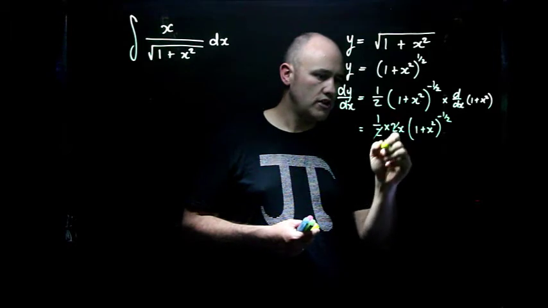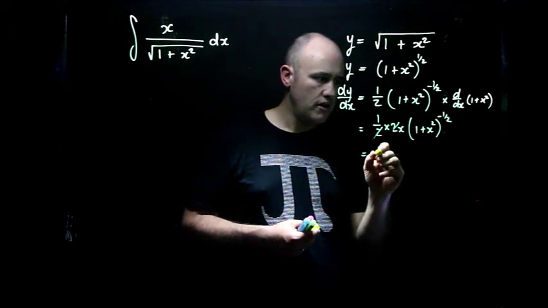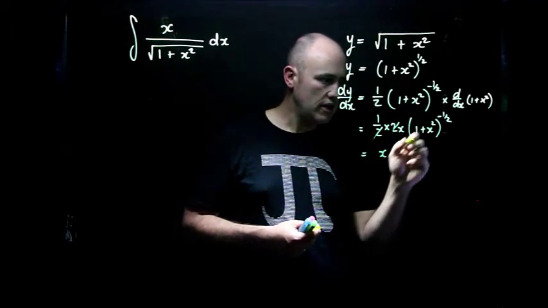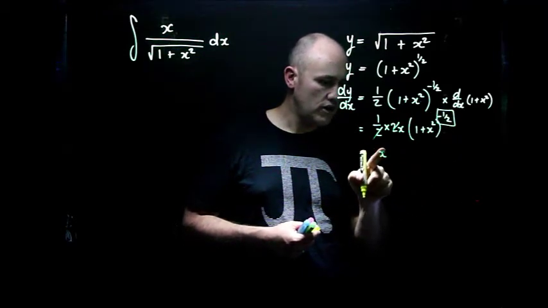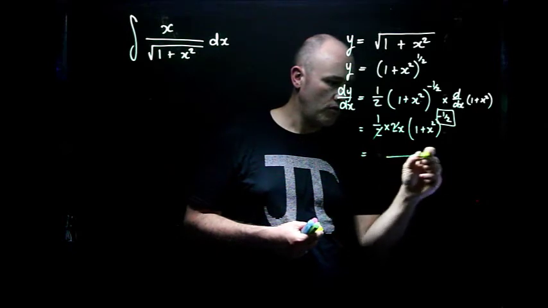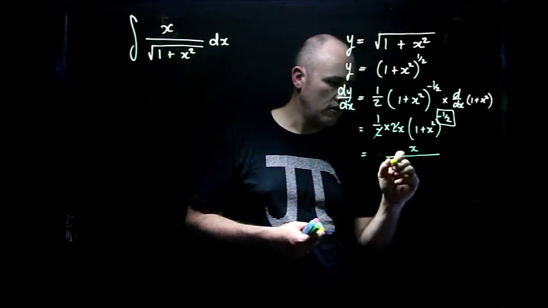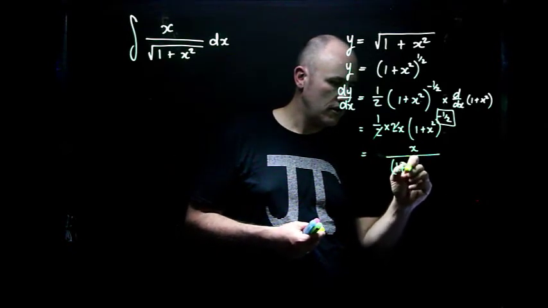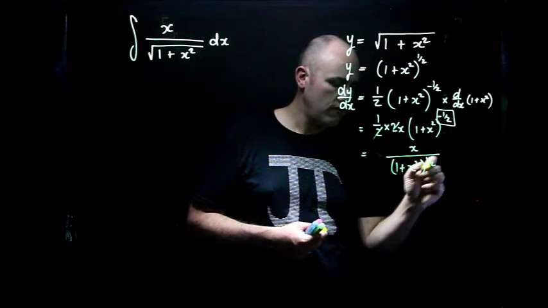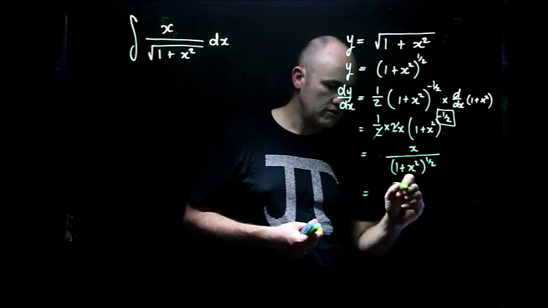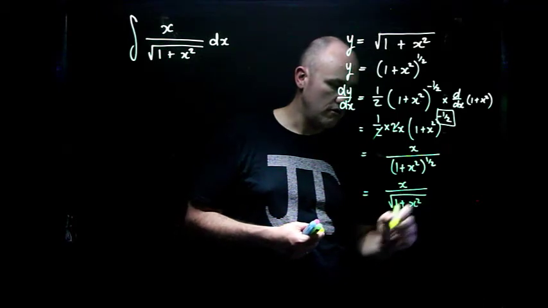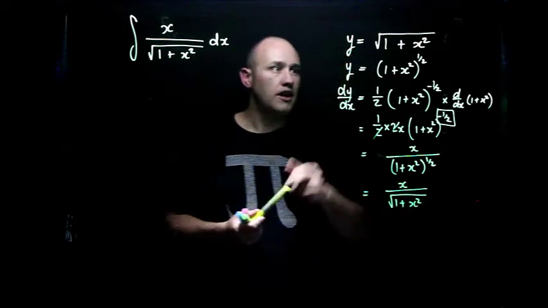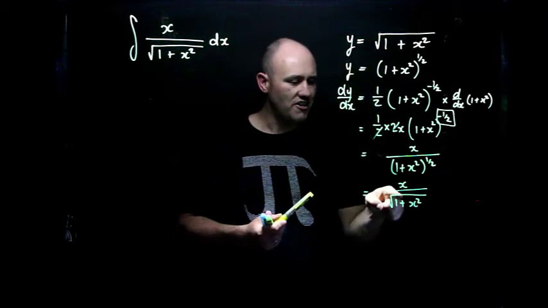Now the 2's obviously cancel out there, leaving me x, but this has got a negative power here. So what I'm going to do is I'm going to change this. I'll move this across. It's x over 1 plus x squared to the power of a half, which of course is equal to x over the square root of 1 plus x squared.